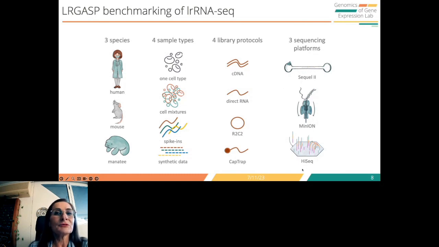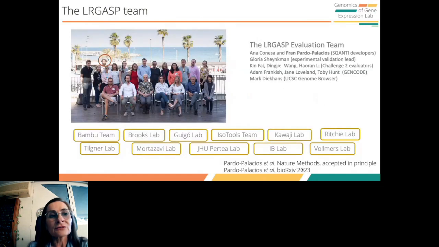So before I continue with this, because it was a large effort, I want to acknowledge the team that was involved in this. The consortium that put the benchmark together was composed of people who were developing tools or using long-read sequencing, but also people who were able to assess the accuracy of these methods. Important to mention here is Francisco, who was a PhD student in my lab and did most of the analysis I'm going to show you now.